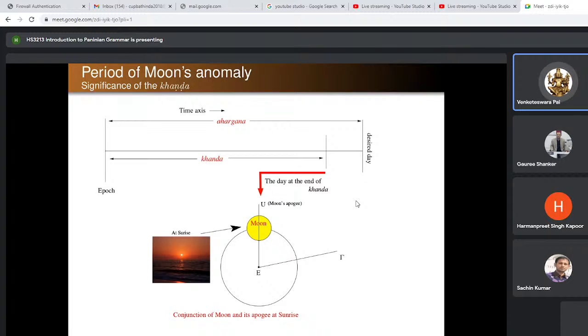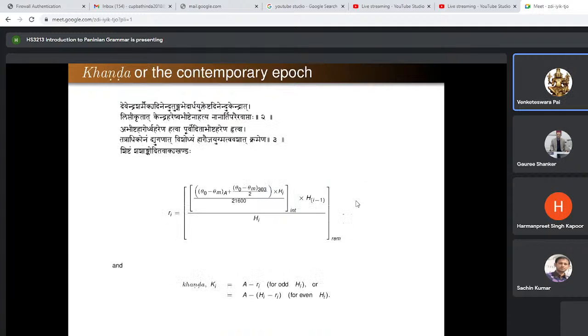If you know the ahargana, how can you obtain the khanda nearest to it? That is not addressed in the Vakya system, whereas the text Karana Paddhati gives an interesting algorithm to obtain the khanda closest to the ahargana A.